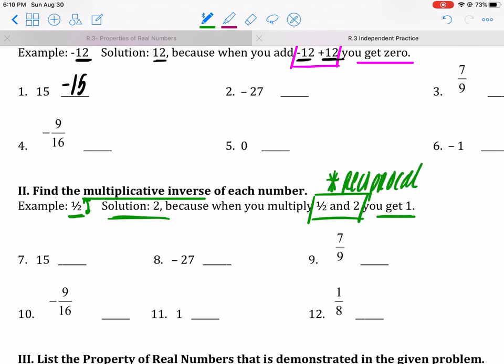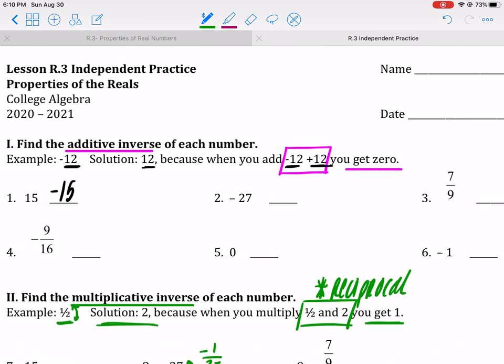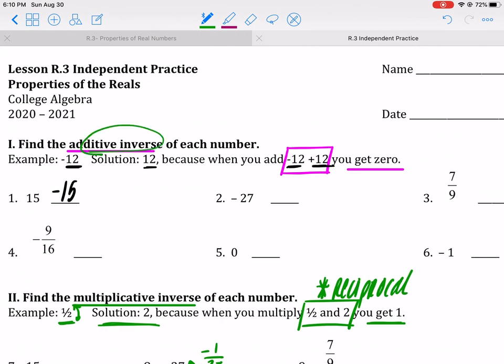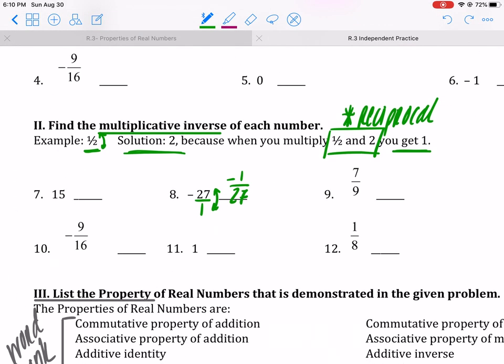Okay, so like number 8, this I'm going to write as a fraction. Negative 27 is the same thing as negative 27 over 1. So the reciprocal of that would be negative 1 over 27. You do not get rid of that negative because we're no longer talking about the opposite. Like up here for addition, we are talking about what do I multiply by to get 1, which is the reciprocal.